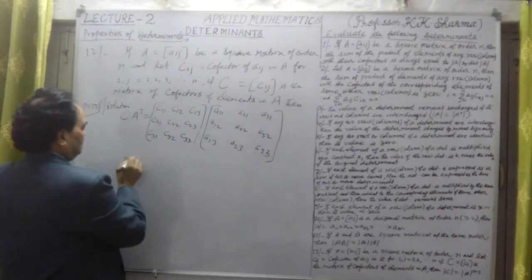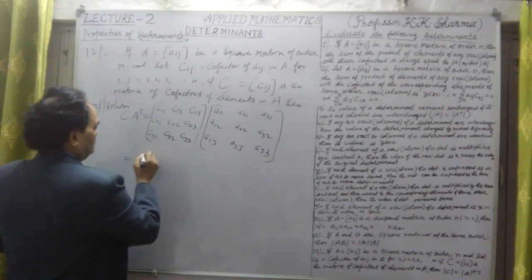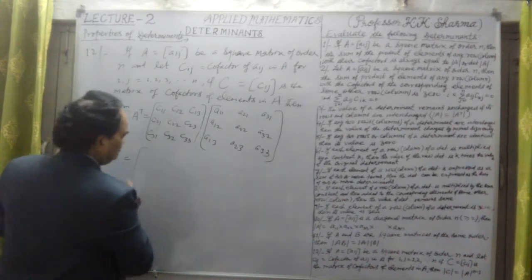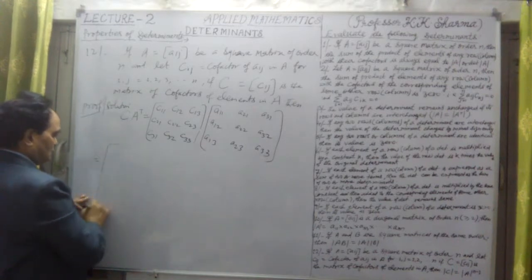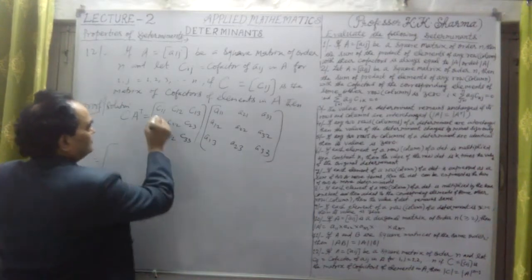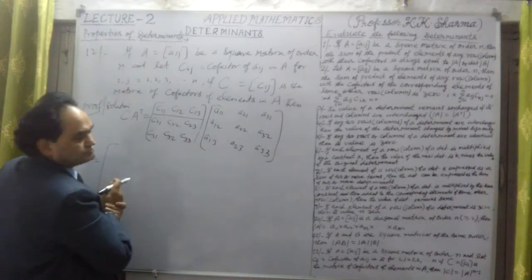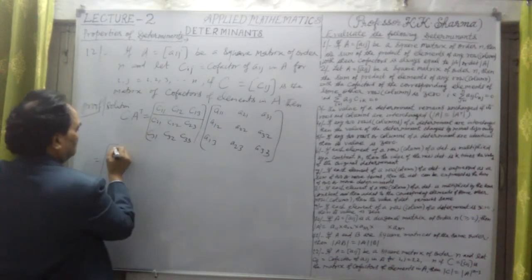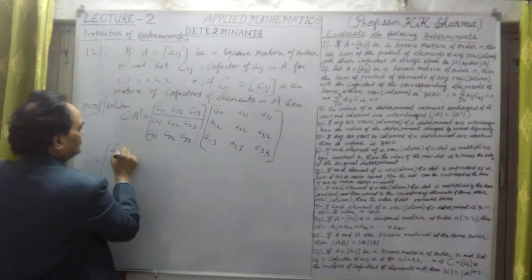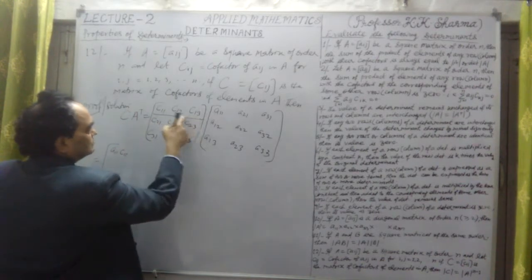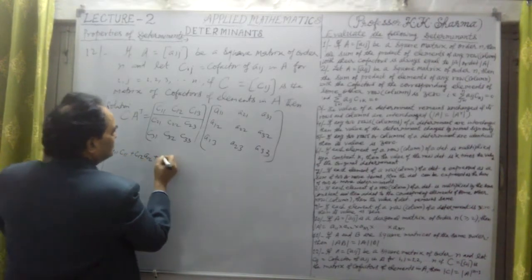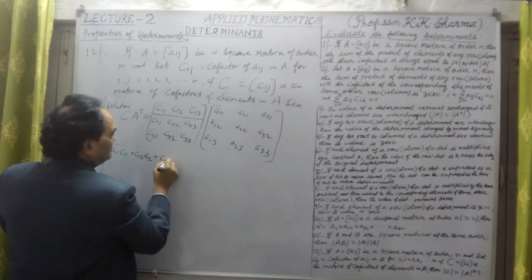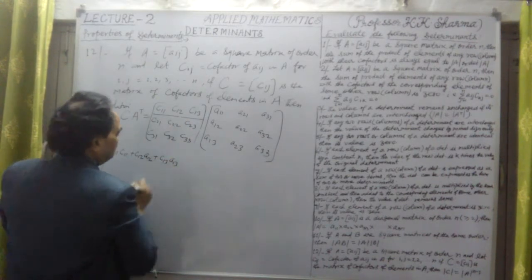Let me write it in detail. Now first row multiplied by first column. So first will be A11 into C11, plus C12 into A12, plus C13 into A13.